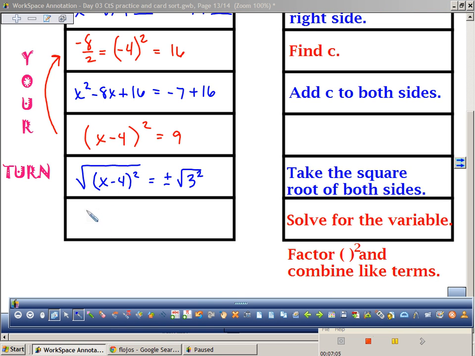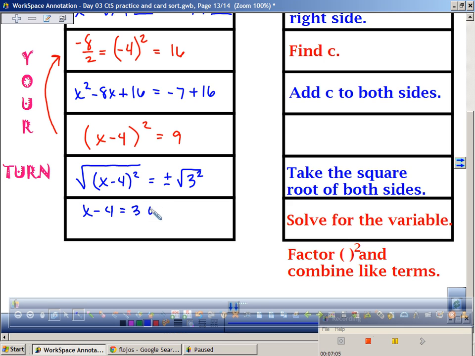Okay, kick out our squares and I get x minus 4 equals positive 3 or x minus 4 equals negative 3. When I solve for that, I get x equals what? 7 or x equals 1. Got it? Good job, guys.